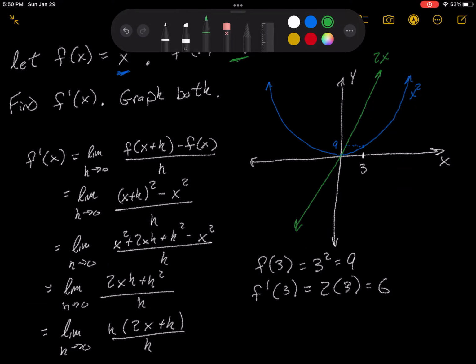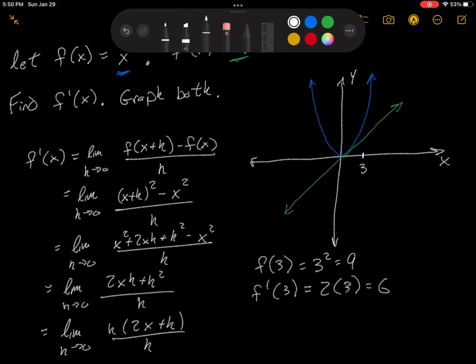So the value of my derivative, ooh, I did not draw this right. Let me fix this. My original function is much more steep. My derivative is much more shallow. All right. Now, my original function returned a value of 9. My derivative at 3 returned a value of 6. That's better.